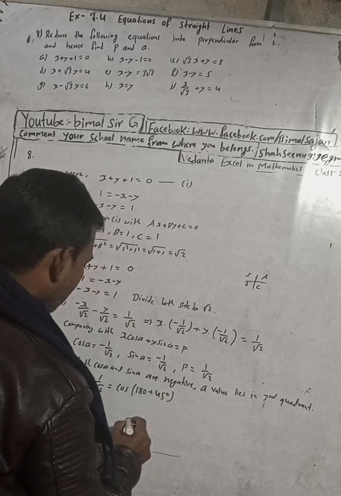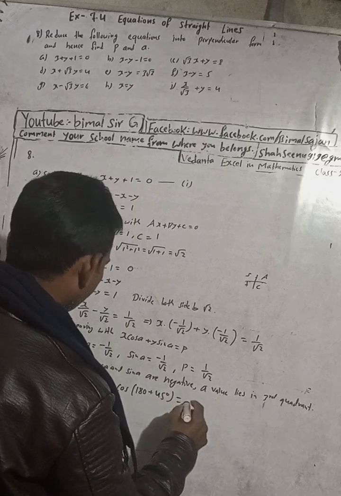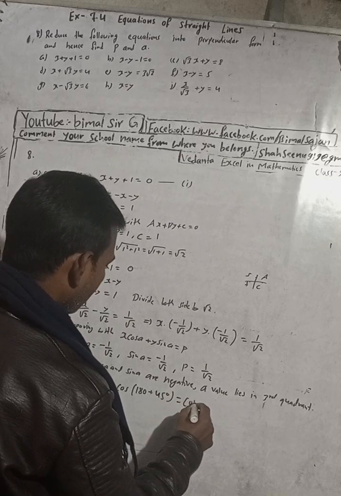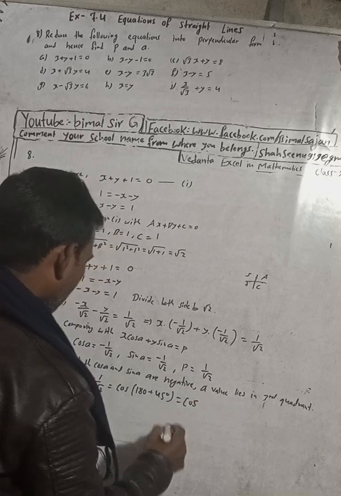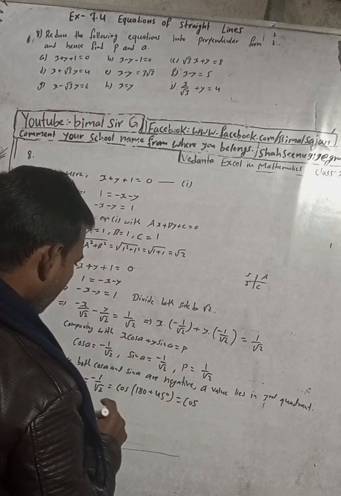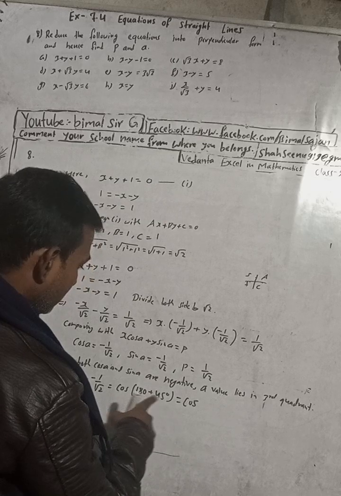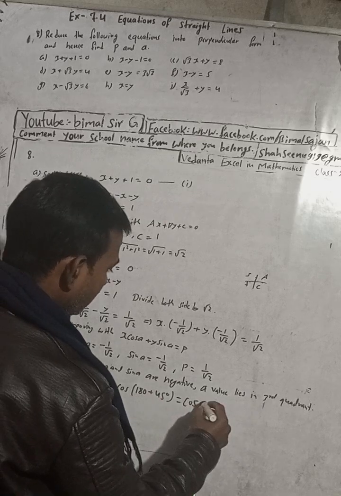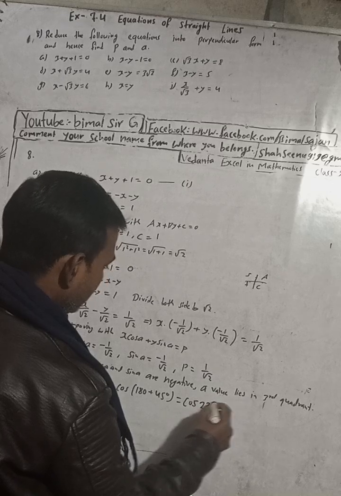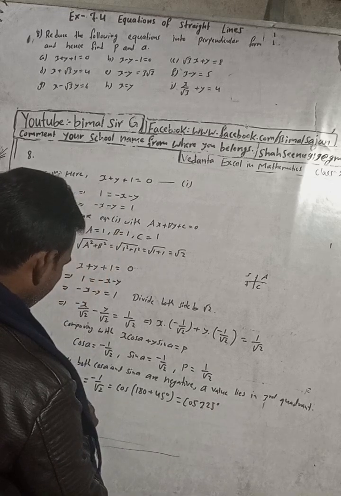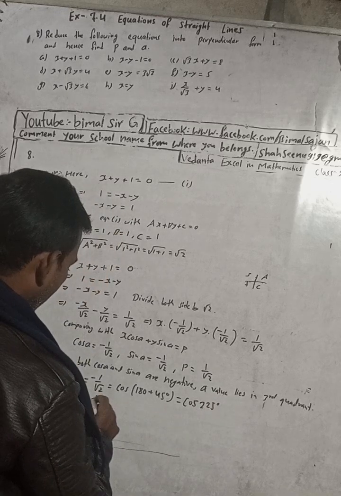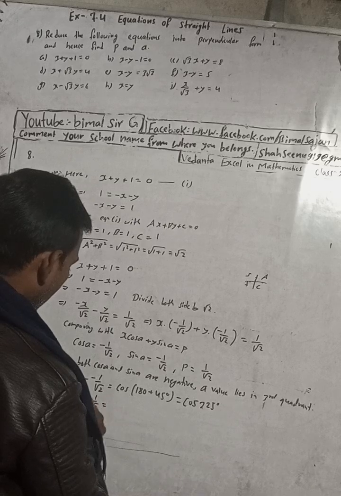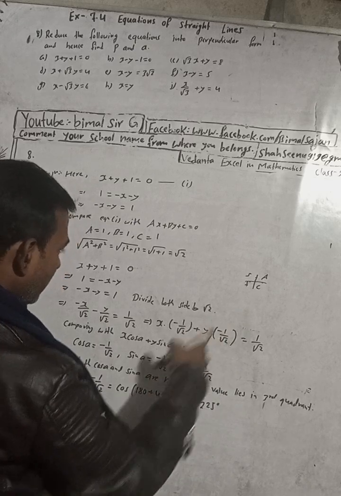That means this can be written as cos, how much? 180 plus 45, 225 degree. This is cos 225 degree, and again sine alpha is equal to minus 1 by root 2. So again we have to take the value in the third quadrant.